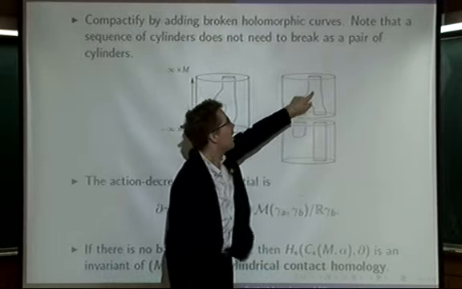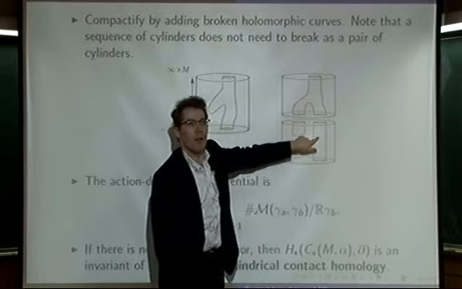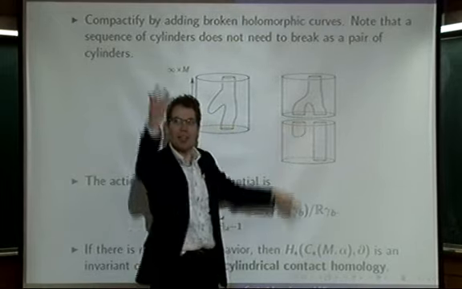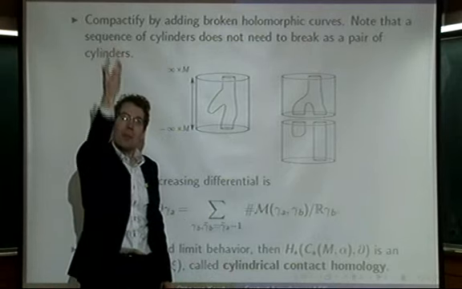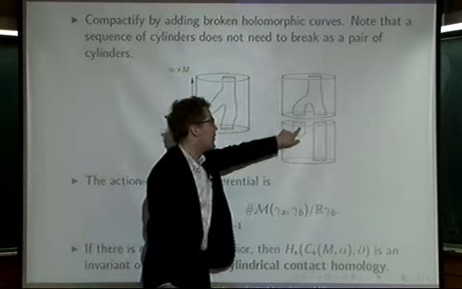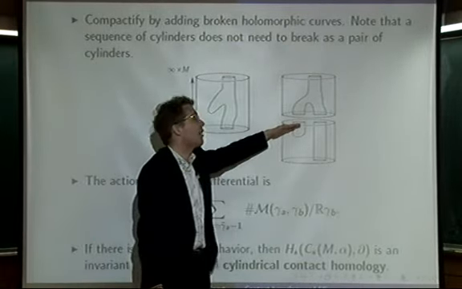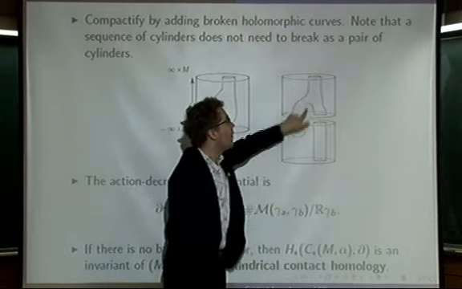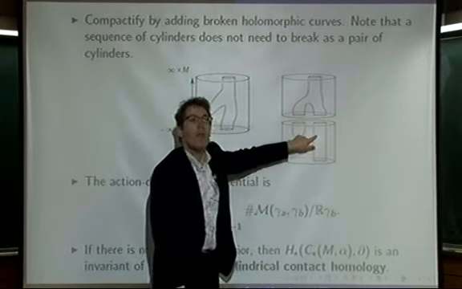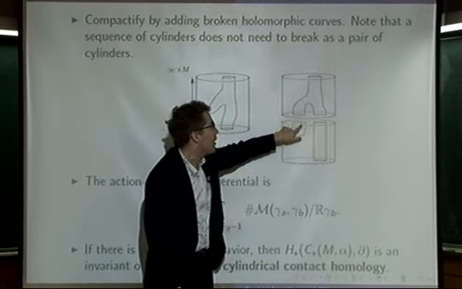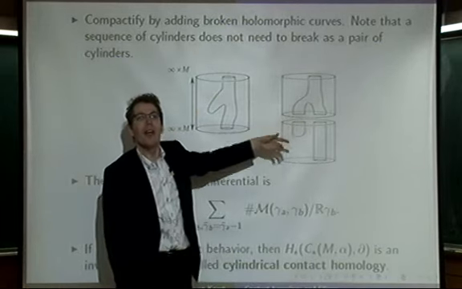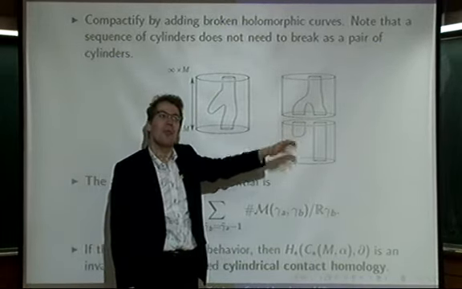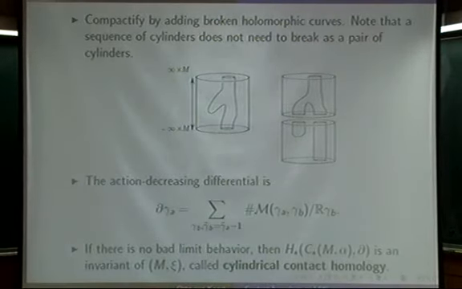Index 0 in the symplectization means it has to be a vertical cylinder, because if I have a plane, then I automatically get a one-dimensional family by translation. So here cannot be a 0, because it contradicts translation invariance. So this could be a 1 and here a 1 and this is 0. That would be bad limit behavior, but if this is index 1, then this Reeb orbit has index 1. So if there are no Reeb orbits of index 1, then d squared is 0. But that's under the assumption that all moduli spaces are cut out transversely.